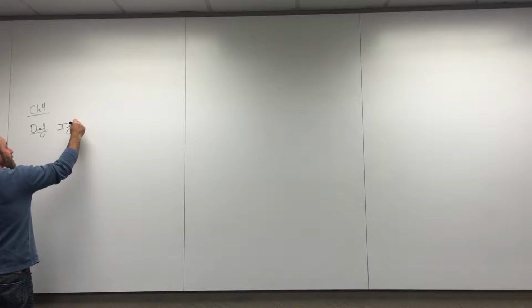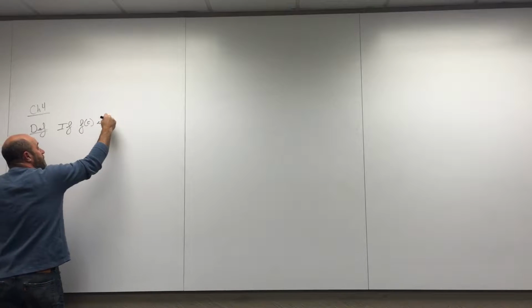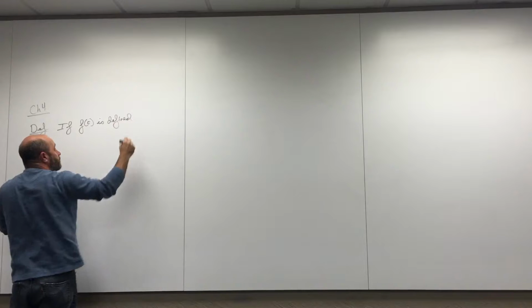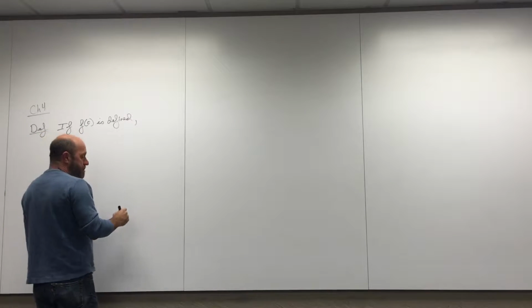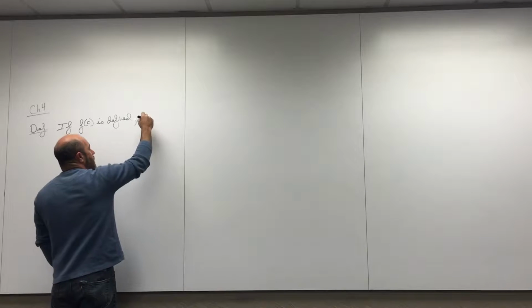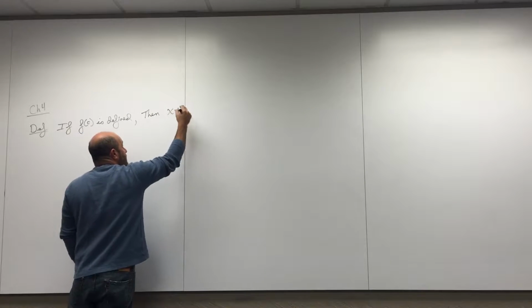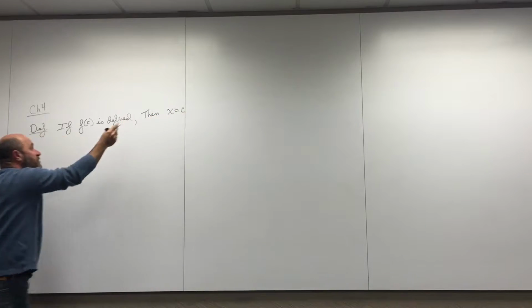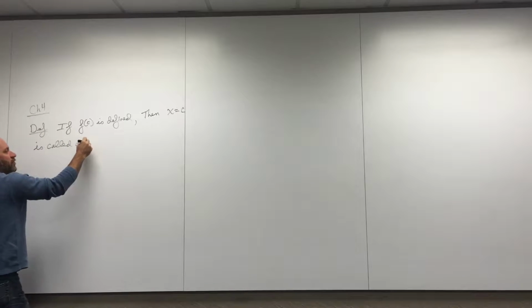Let me show you what the definition says. It says if f of c is defined, then x equals c is called a critical number.